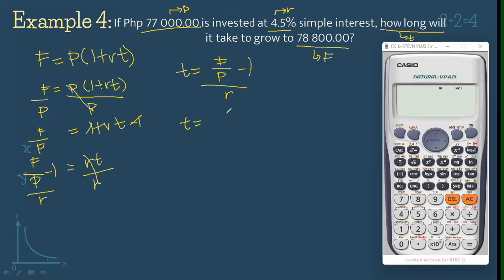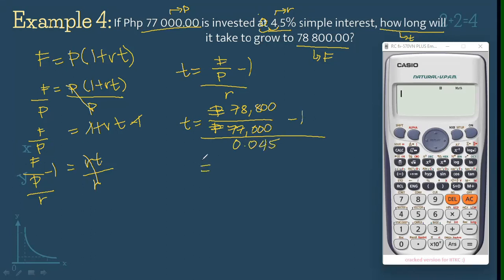So yung F po natin, ano nga po yung future value natin? That is 78,800 all over 77,000 minus 1 all over what is R? We need to move 2 places to the left, so that is 0.045.